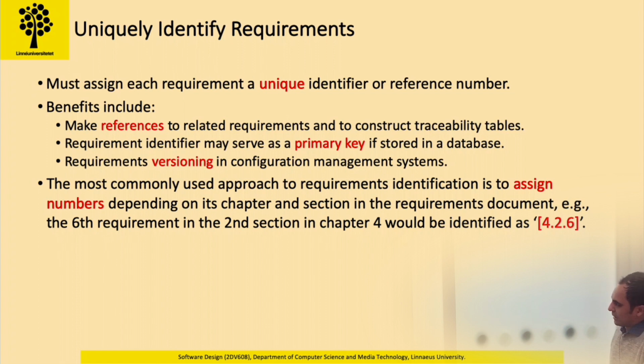Why? Because let's say you have another requirement in chapter 4 section 2, and you gave it the number 7, so 4.2.7. By looking at these two numbers, it could seem that those requirements are highly related, but basically they are not, although they might have similar numbers.